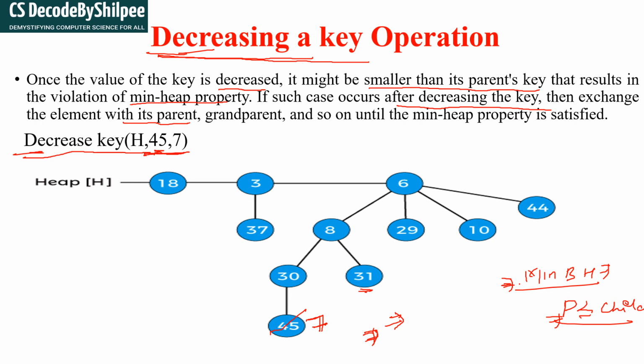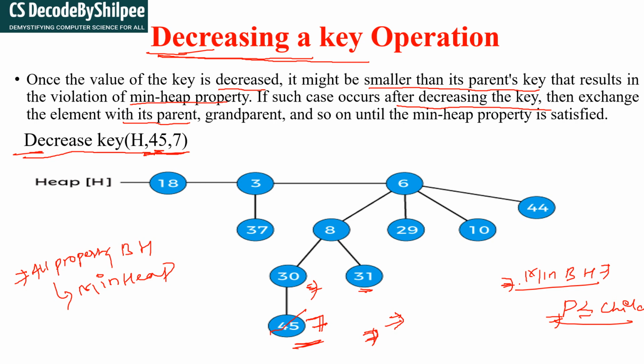Valid binomial heap means it is following all the properties of a binomial heap, right? The first property is the min heap property. Is the parent, 30, less than or equal to 7? No, the condition fails. It means this is violating the binomial heap property.